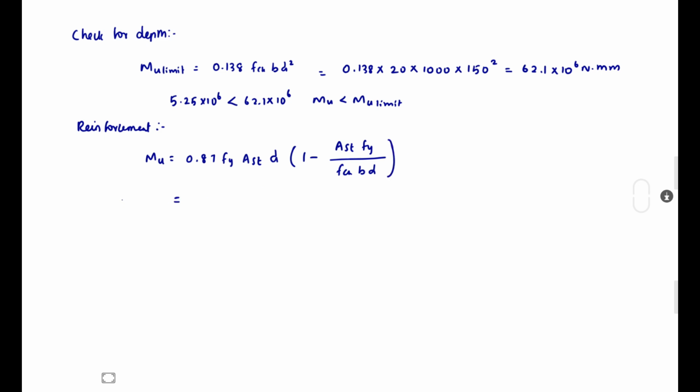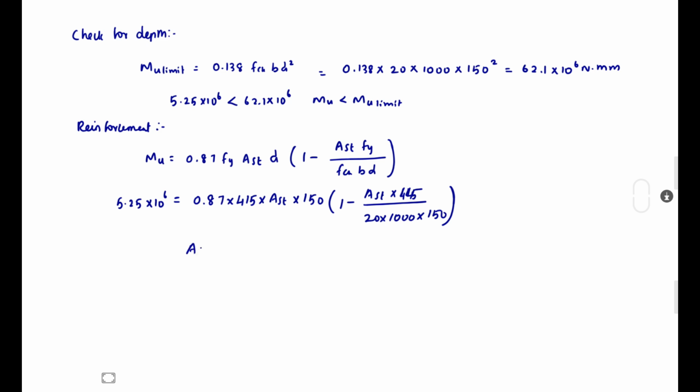The moment is 5.25 into 10 power 6 equal to 0.87 into Fy value 415 into AST, which we have to find out, into D value 150 into 1 minus AST into 415 divided by FCK 20 and B value 1000 into D value 150. Now solving this we got the value of AST equal to 105 mm square. This is the area of reinforcement.